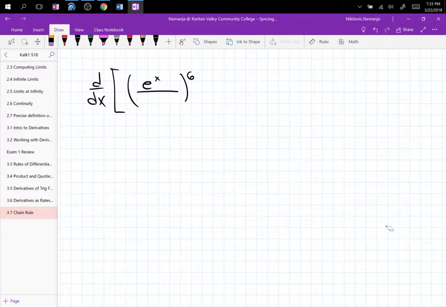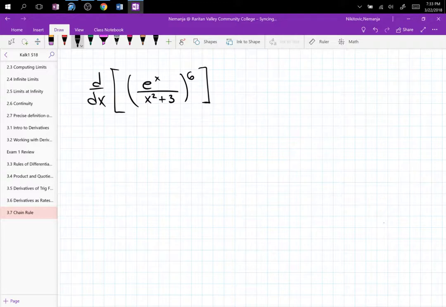No. X squared plus 3, to the 6th power. So what are we going to do here? Do we all see the quotient rule?